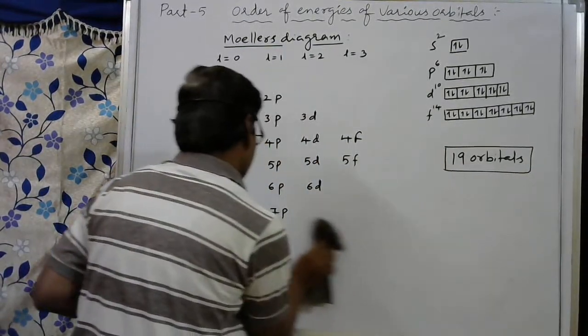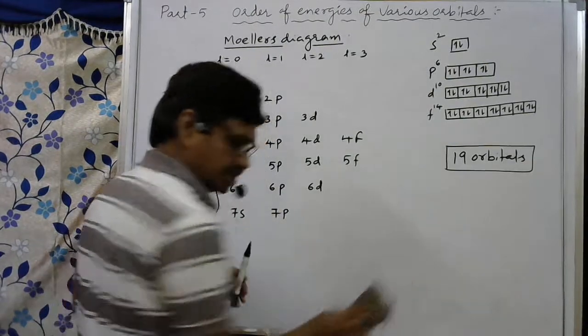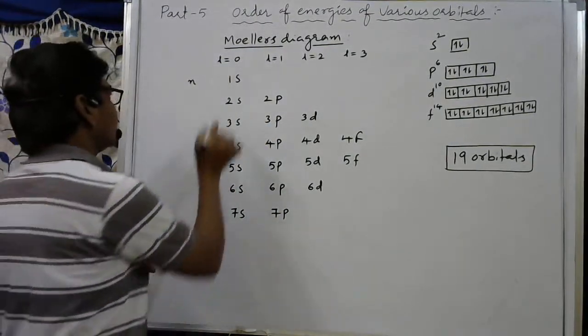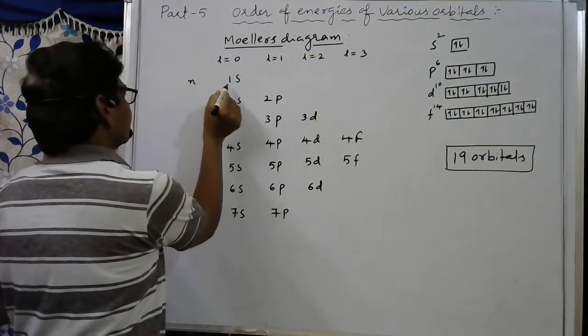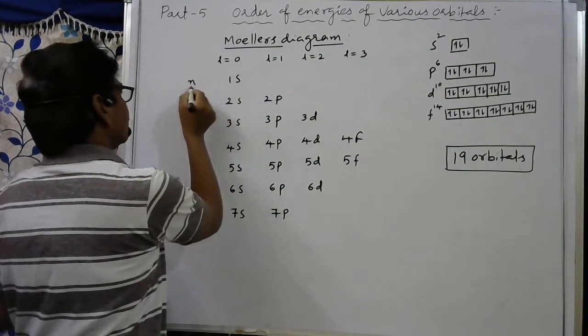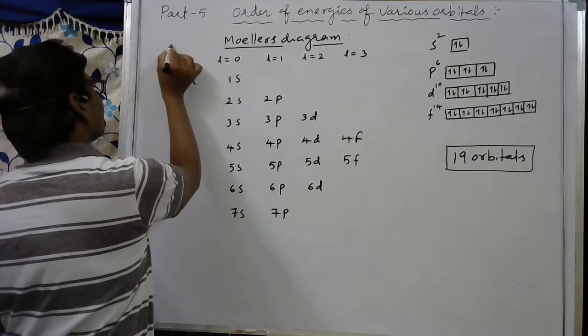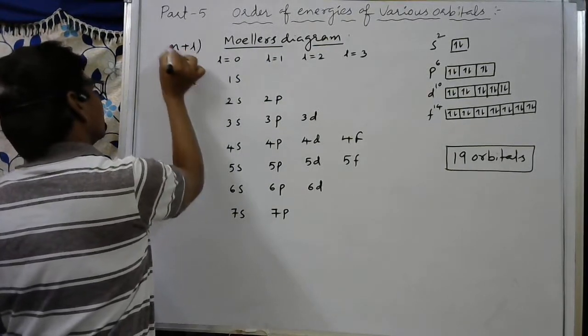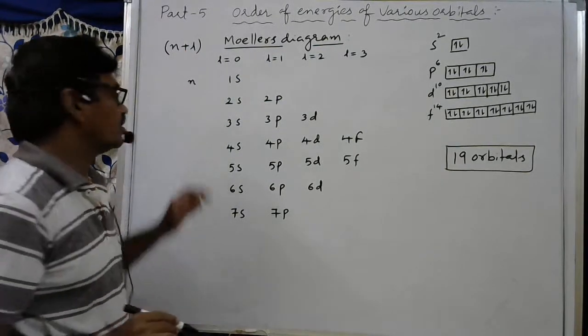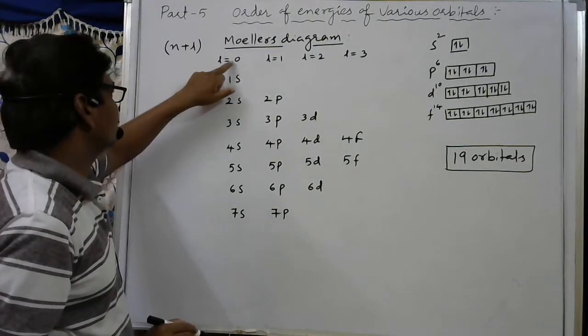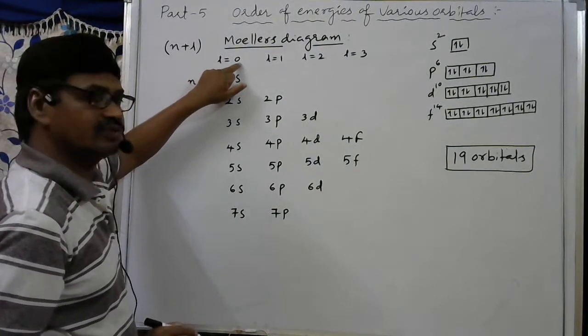Here now, as per the n plus l rule, which orbital has less energy and which orbital has more energy? Now we have to decide. See, 1s: n value 1 and l value 0. These two you can add, n and l, n plus l. The Aufbau diagram depends on the n plus l rule. So here n value is 1, l value is 0. So 1 plus 0, 1 only.